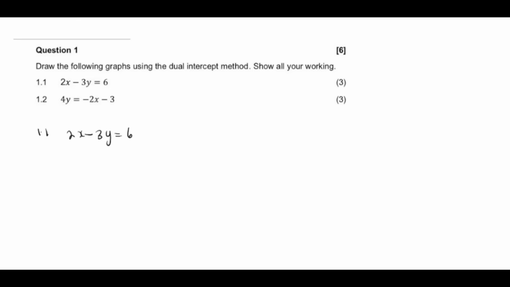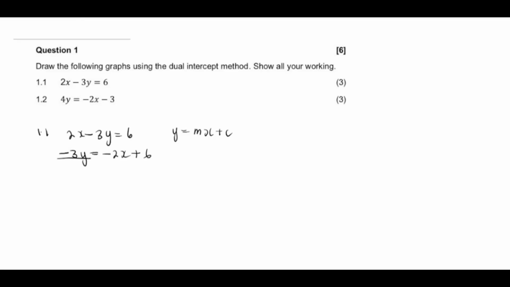What we know is that the standard form of a straight line equation is y is equal to mx plus c. So let's simplify our equation so that it sits in this form. Let's move 2x to the other side so that we have negative 3y is equal to negative 2x plus 6.